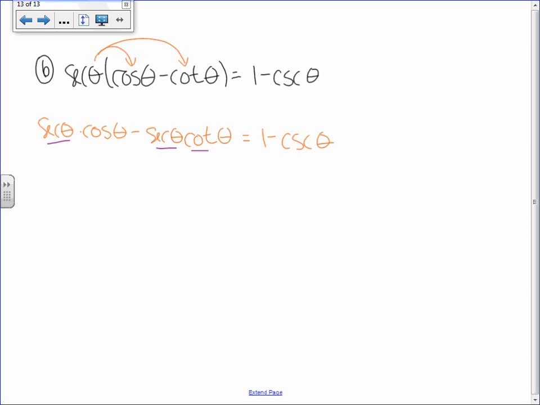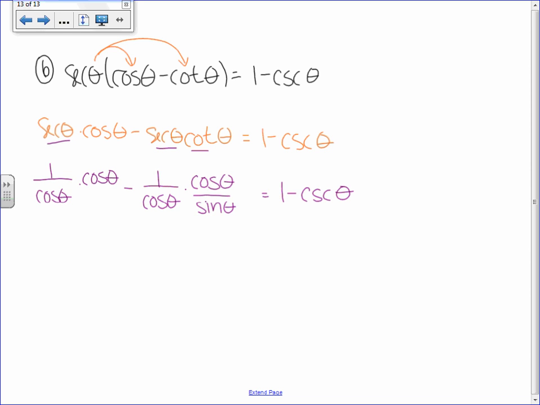And I know that I can write those in terms of sine and cosine. So if I rewrite this just using sines and cosines, this is going to be 1 over cosine times cosine theta minus, and then here I'm going to have 1 over cosine times cosine over sine. And the right side we can leave the same for now.